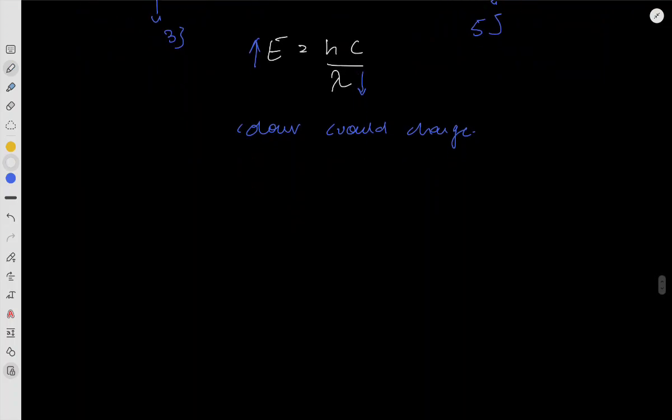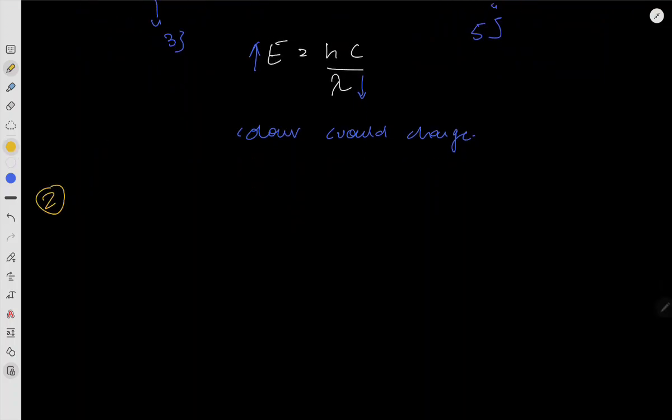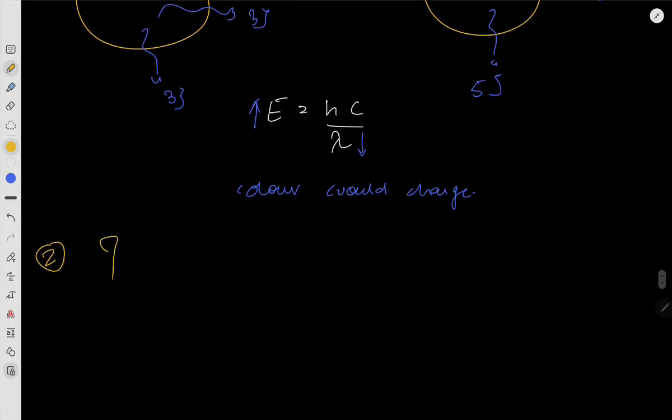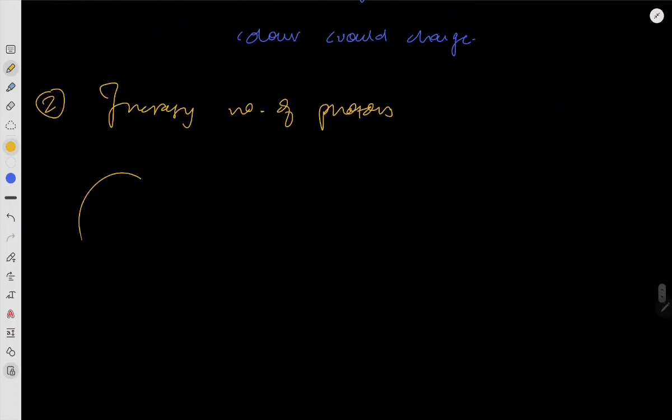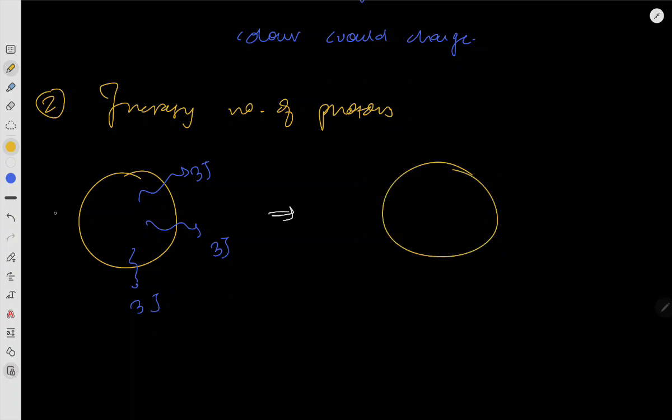So what is going wrong? We are looking at the first thing, and the second thing is increasing the number of photons. This is a good thing if we say. Now, if there is this light bulb having 3 photons of energy 3 joule, and now in order to increase the energy, I increase the number of photons to, say, 7, that are of 3 joule.